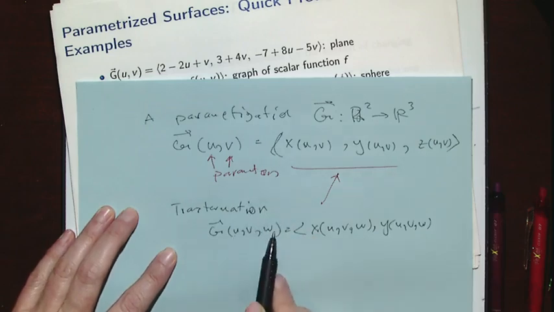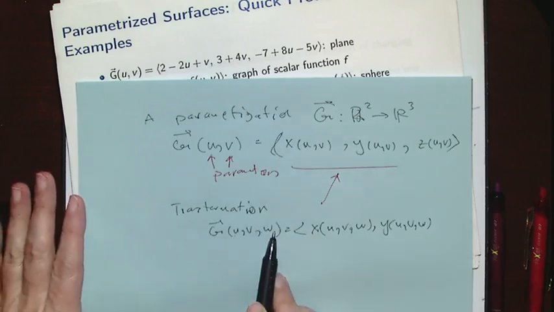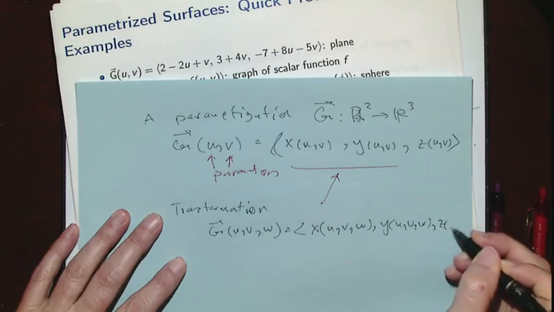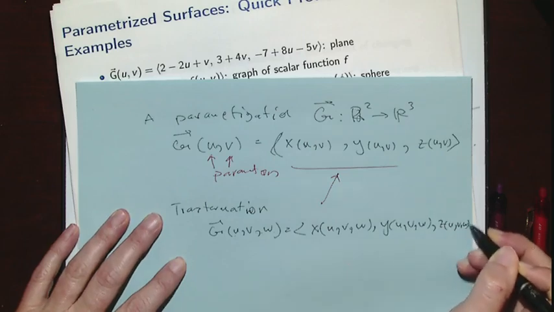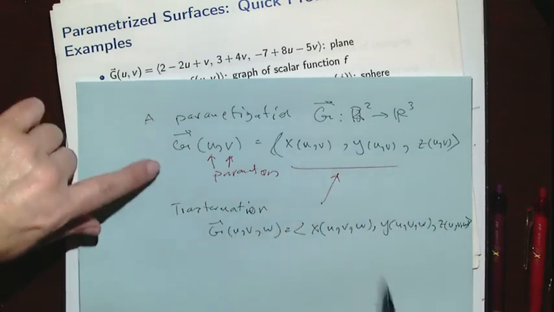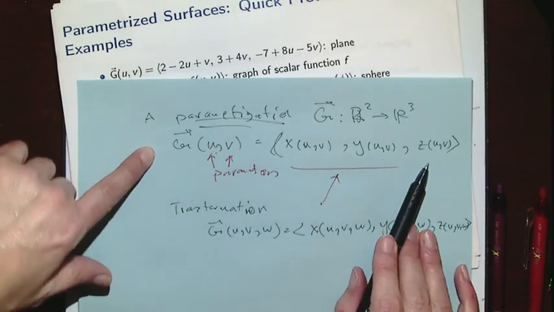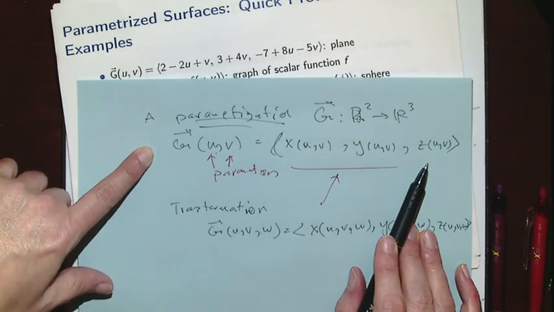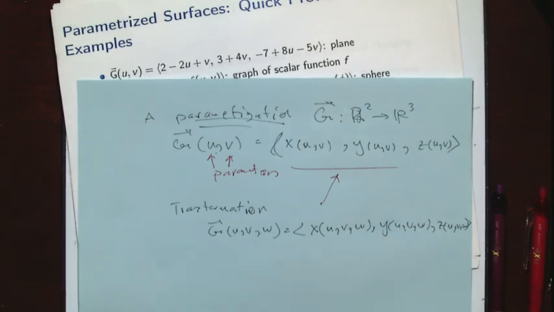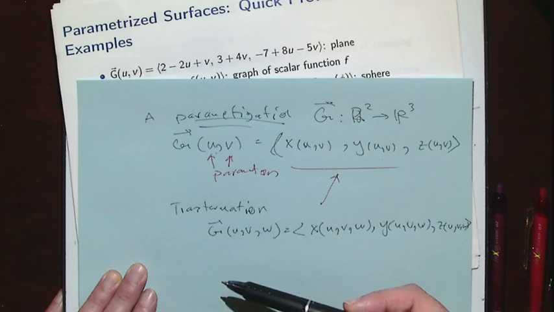You would have 3 on the left side, and you have 3 on the right side. But now that you have parametrization, it only has 2 on the left side, and you have 3 on the right side.